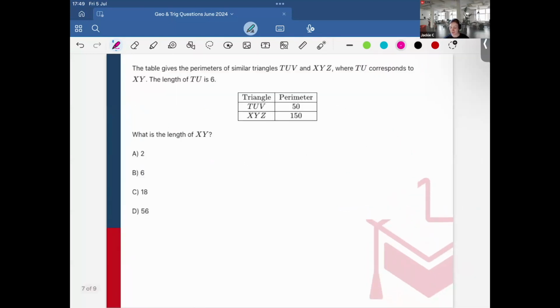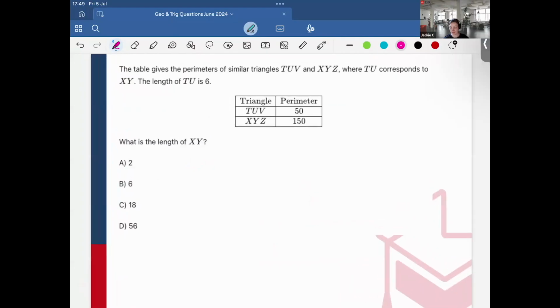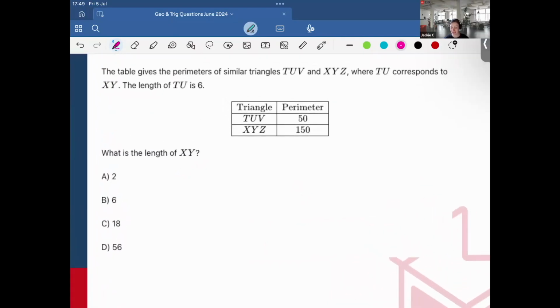Okay, and then continuing, we have a couple others. Amazing. So the table gives the perimeters of similar triangles TUV and XYZ, where TU corresponds to XY, and the length of TU is 6. Okay, amazing. And I'm asked for what is the length of XY. So let's see. Okay, well, let's just draw this out for visual purposes.